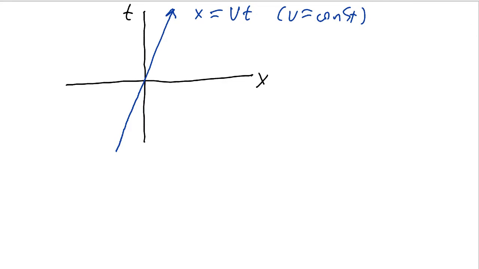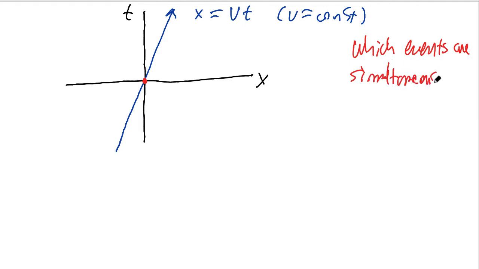Now the question I want to ask is, what events in space-time does this observer say are simultaneous with this event right here, the event where the observer passes through the origin? Which events are simultaneous with the origin event?